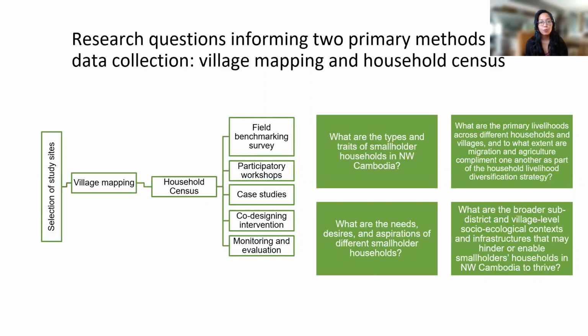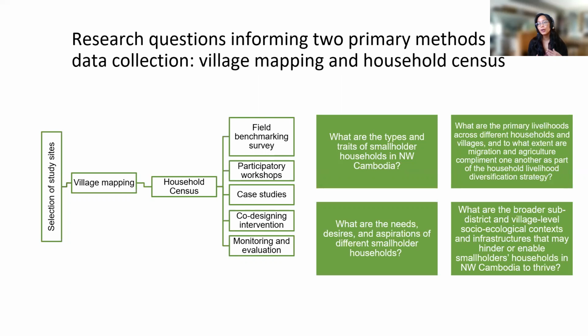These are: what are the types and traits of smallholder households in the study area? What are the primary livelihood options across the different households and villages? And to what extent do migration and agriculture complement one another as part of the household livelihood diversification strategy?